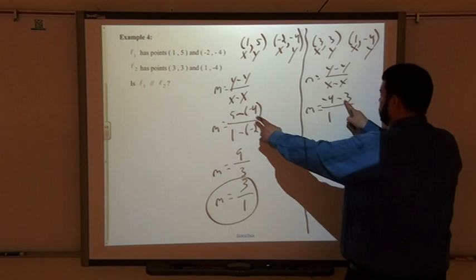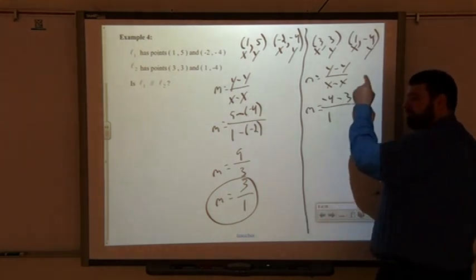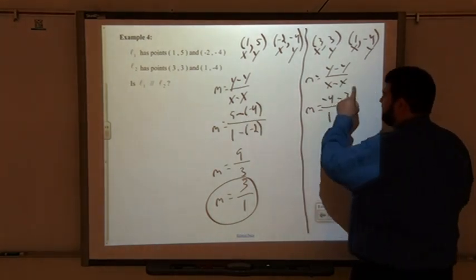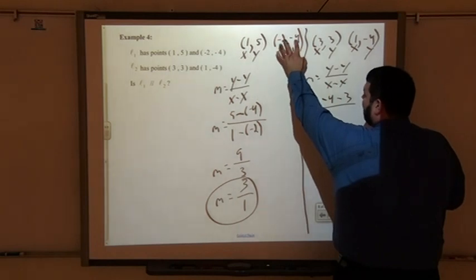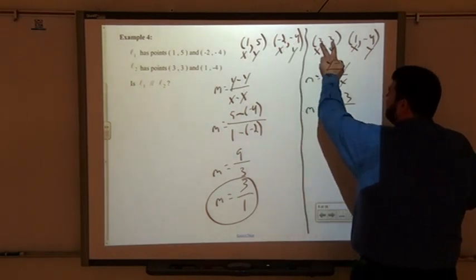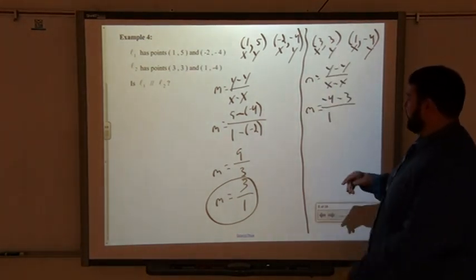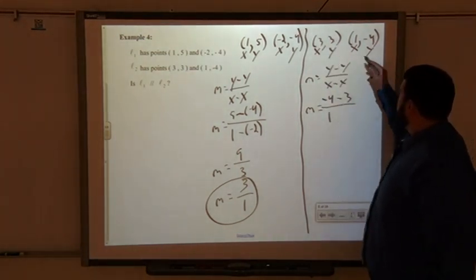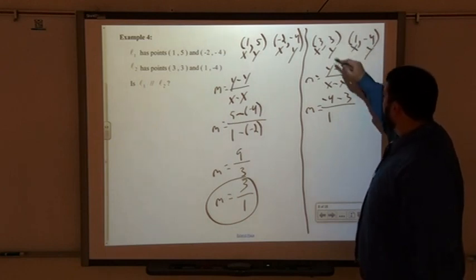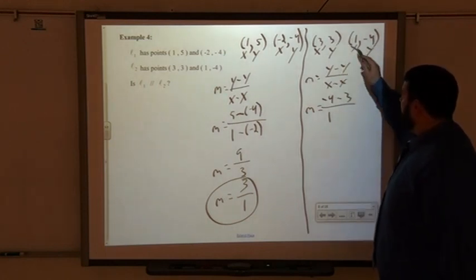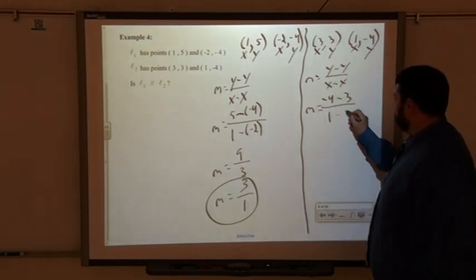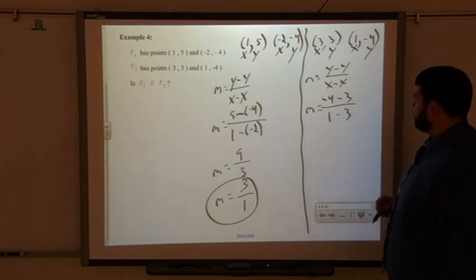Now notice, I do not have a double negative sign every single time. I only have a double negative if the point that I'm using second has negative coordinates. This guy has positive coordinates, so I can leave that alone. So y minus y, so -4 minus 3, over x minus x, 1 minus 3. Okay?